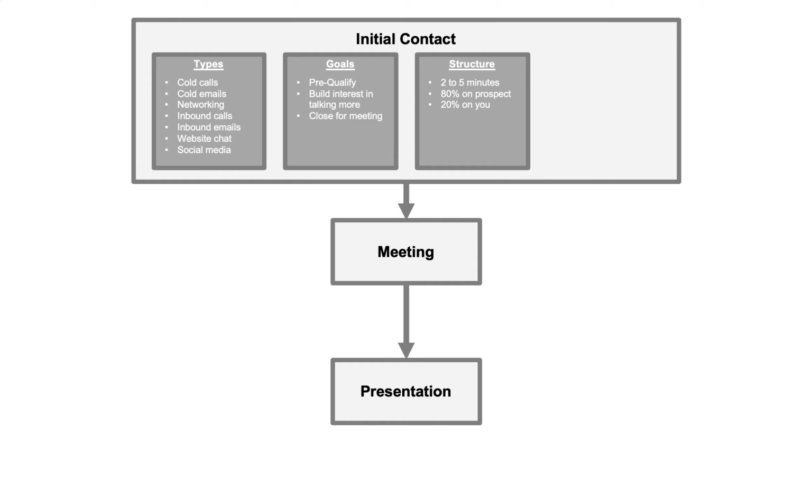By the way, this might be something new for the product selling salesperson, who would typically try to spend 80% of the initial contact on themselves. This is what I sell, this is what I do. By the way, an initial contact cold email for a product selling salesperson is going to be 80% all about the company and the product. So you want to shift, make it 80% about them, 20% about you. And the best salesperson is the one that asks the best questions.